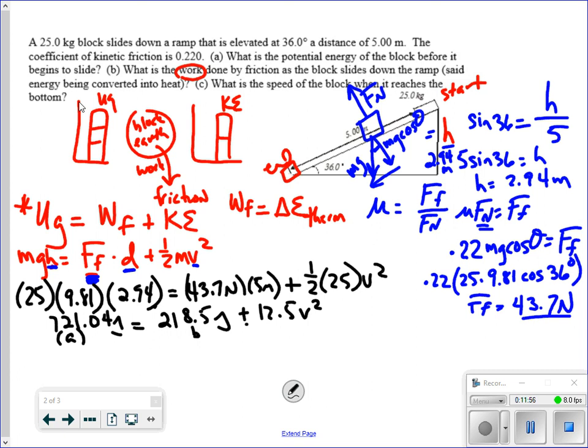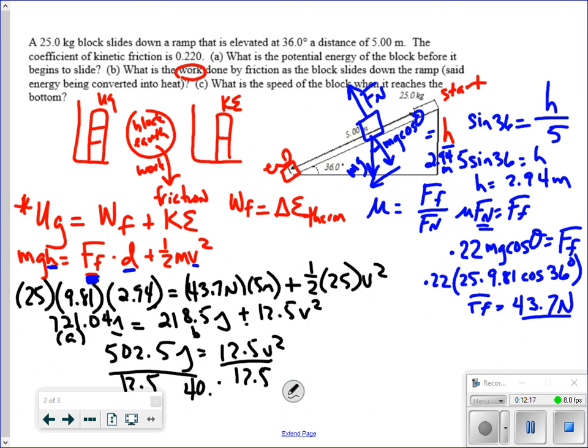So 721.03 minus 218.5 gives me 502.5-ish joules equals 12.5 V squared. Divide both sides by 12.5. Let's see if we can do this without running out of room. V squared, and so V will equal the square root of that. And you get 6.34.